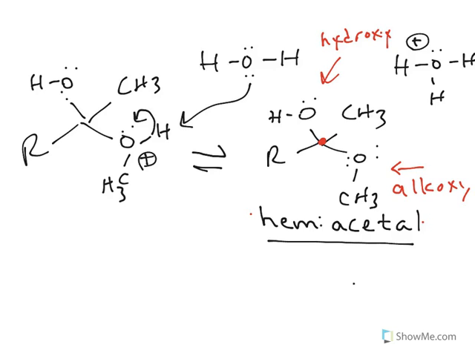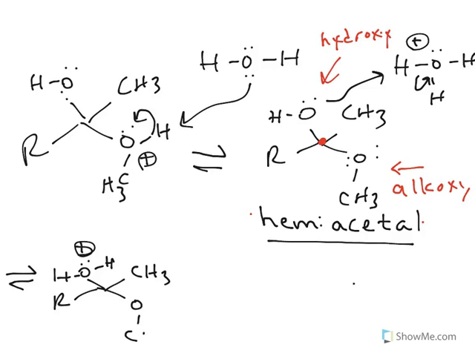So what we're actually going to see is the hemiacetal continues to react. All right. So the way that is going to happen is that we are going to protonate this hemiacetal by the hydronium that is swimming around in solution. So we protonate that group.